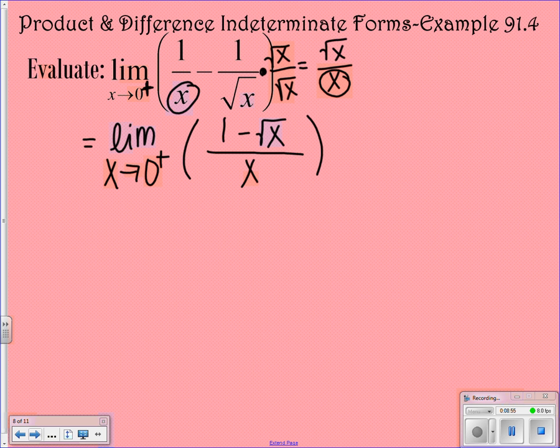If you plug in a 0, the numerator is going to go to 1, because this is going to be 1 minus 0, and then we're going to have over 0.